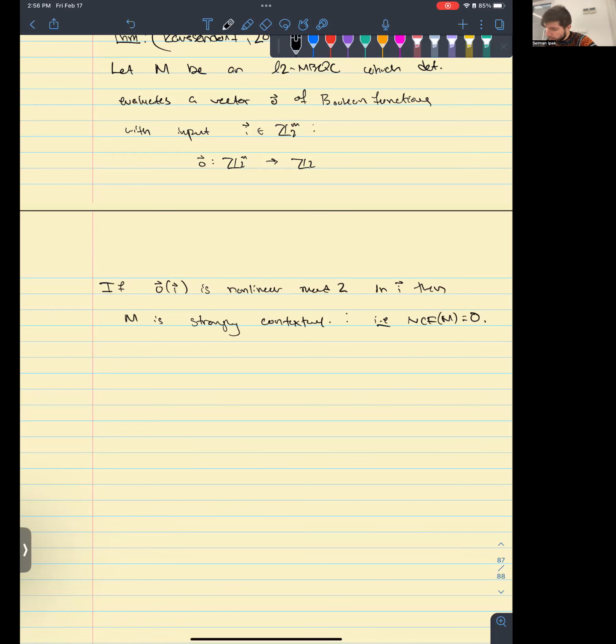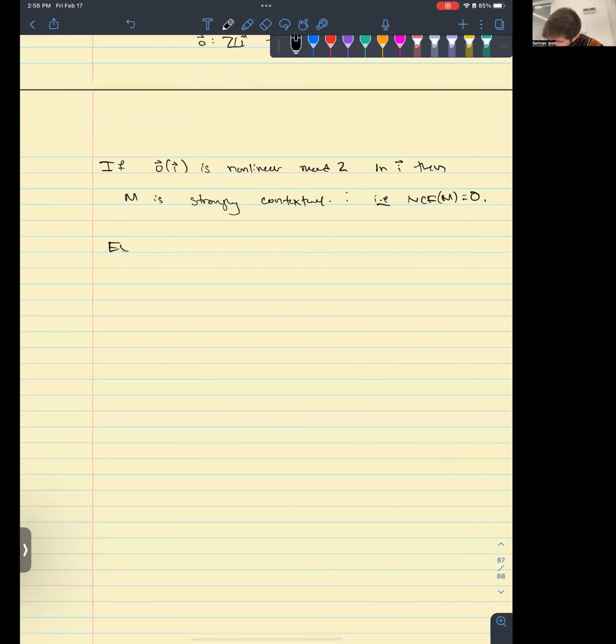So we have an example that we've explored a couple of different times. This is, of course, the Mermin star. And so we have something like 3 parties in this Mermin star scenario.